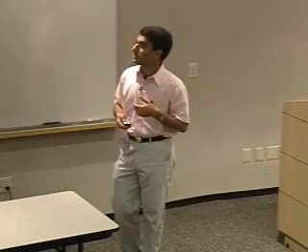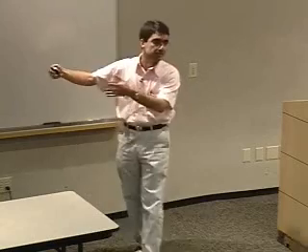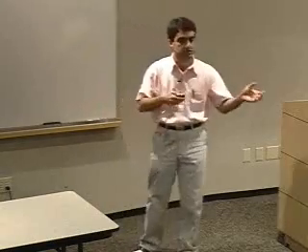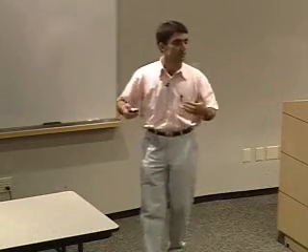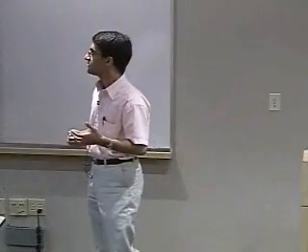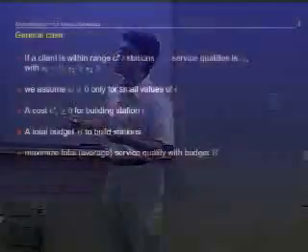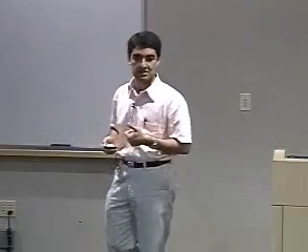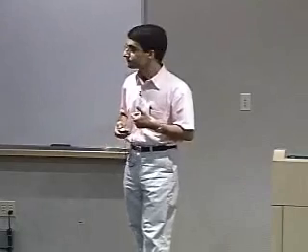And we can also assume that there is a cost associated with building a particular station in a different location, because maybe it's on the top of a mountain or etc. So they have different costs. And we also have a budget to spend to build all these stations. So considering all these constraints, we want to maximize the total service quality or average service quality per client, given these costs for building the stations and the budget that we have to spend.